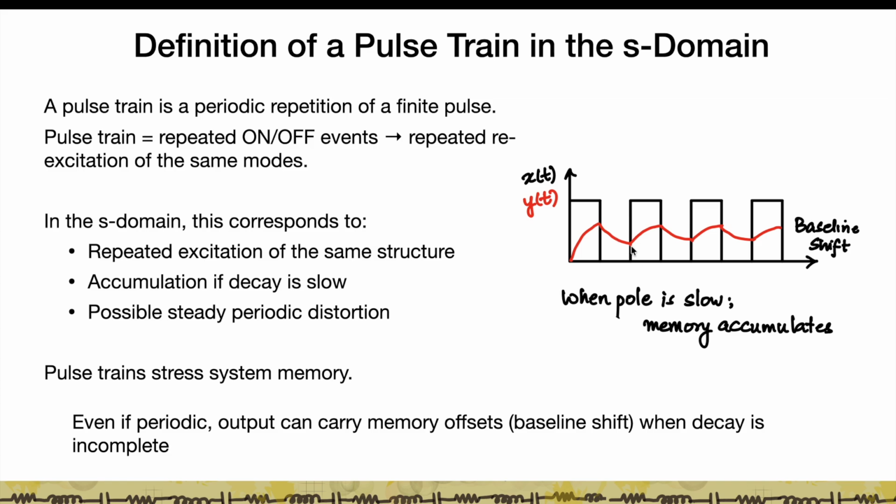The output doesn't return to the baseline. It accumulates. Baseline shifts. Distortion appears. This is the memory overlap phenomenon in its strongest form. This is extremely common in sampled systems and switching power electronics. Students who only think in frequency response often miss this because frequency response feels like it should solve periodic circuits. But periodicity does not eliminate transients automatically.